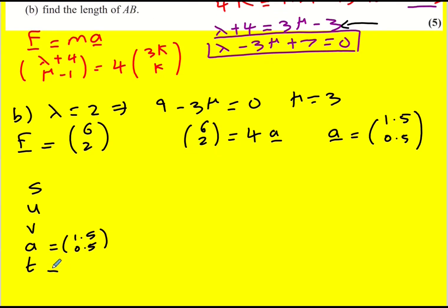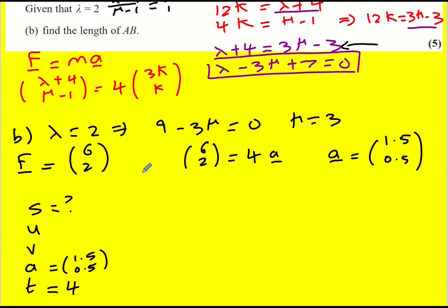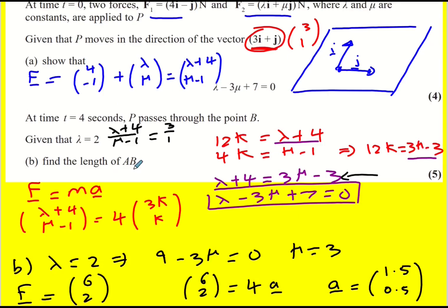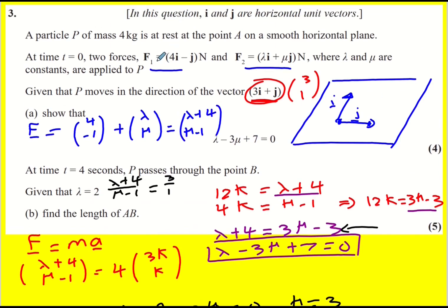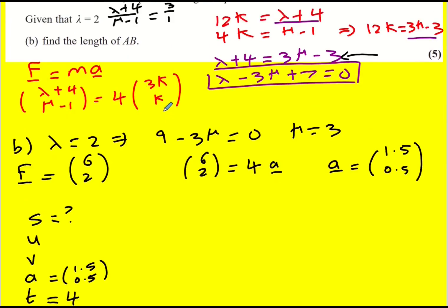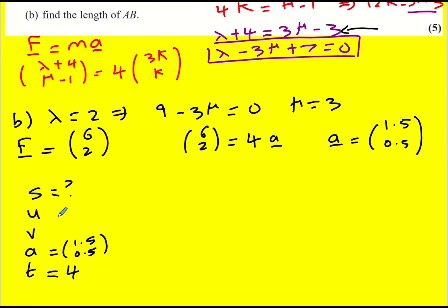So t = 4, and now we want to know its displacement from its original starting point. We're also told that it was at rest. There we go. It's at rest, and then these forces are applied. So u is equal to (0, 0).